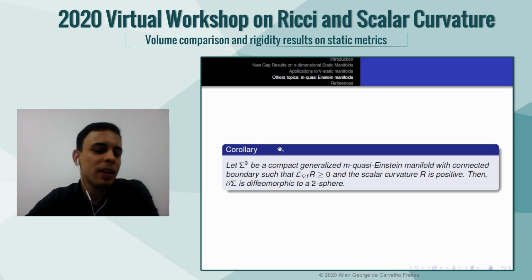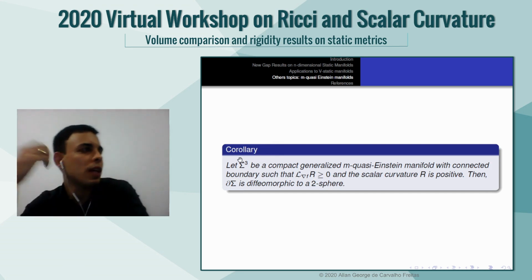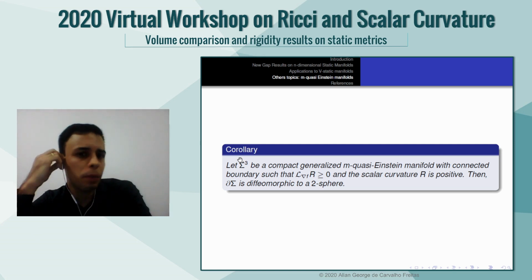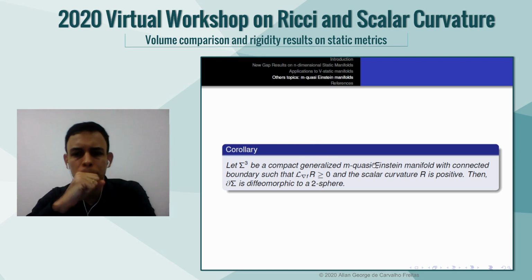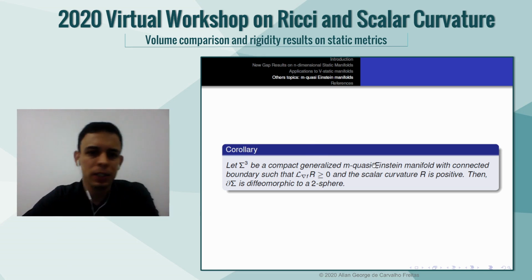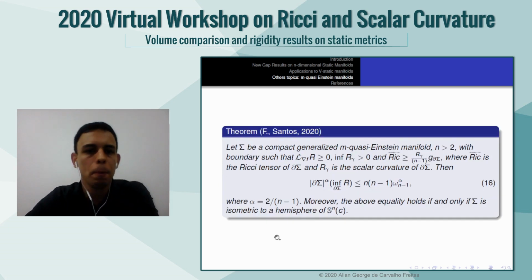Another corollary is that in dimension 3 we can use again the Gauss-Bonnet theorem to prove that in a compact generalized m-quasi-Einstein manifold with connected components such that this occurs and the scalar curvature is positive, the boundary is diffeomorphic to a 2-sphere. Okay.